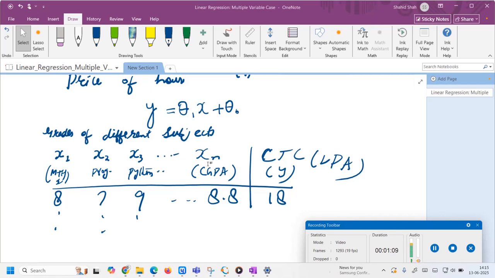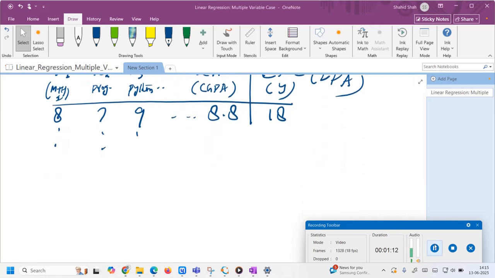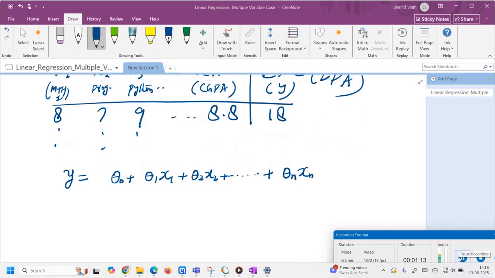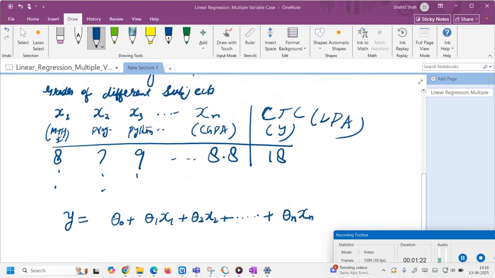So now what will be the input output relationship in this case? Here is the relationship. We have x1, which we say is a feature, the grade of the math course, x2 is the grade of the programming course, and so on, and xn is the CGPA and y is the CTC.